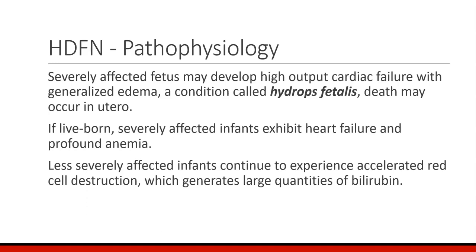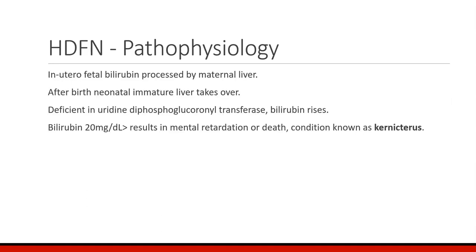Less severely affected infants continue to experience accelerated red cell destruction, which generates large quantities of bilirubin. In utero, the fetal bilirubin is processed by the maternal liver, but we're going to talk about severe cases where, unfortunately, the maternal liver cannot keep up. But in utero, the maternal liver will take care of the rising bilirubin levels.